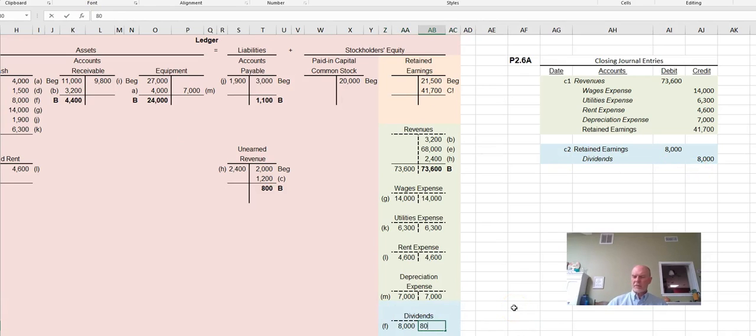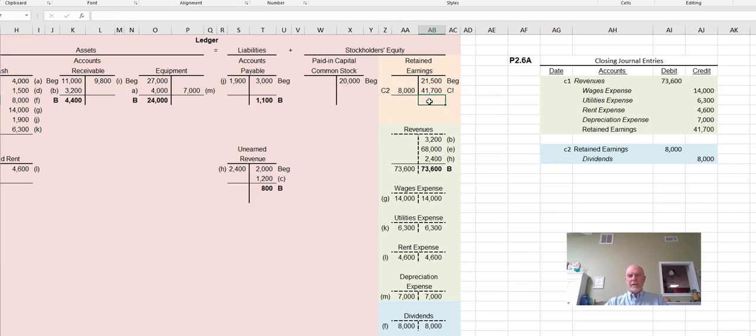When we do that, it goes back to zero. And we are basically moving that $8,000 up here, that debit, to retained earnings. That's closing entry number 2. And that reduces the retained earnings by the dividend amount.